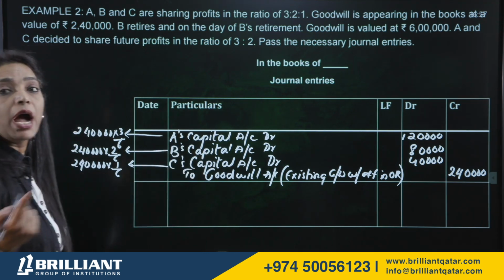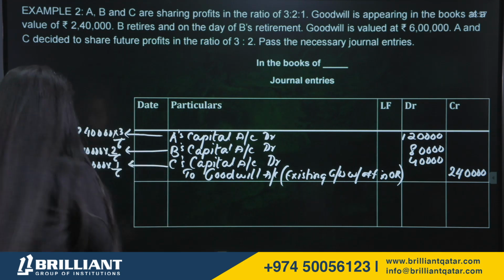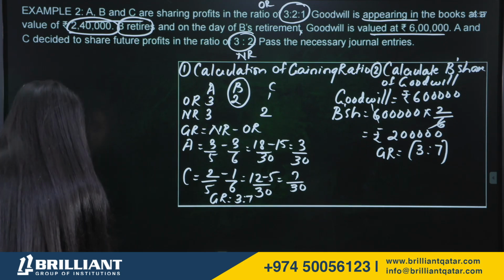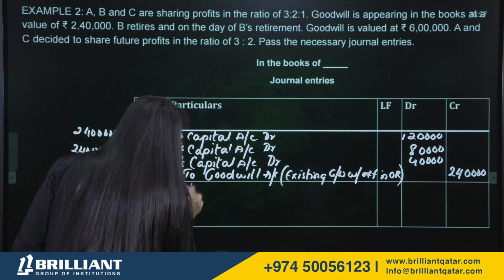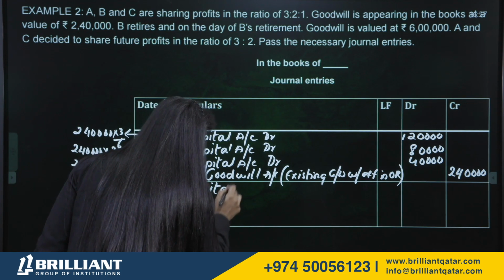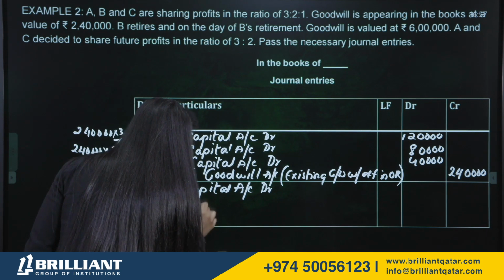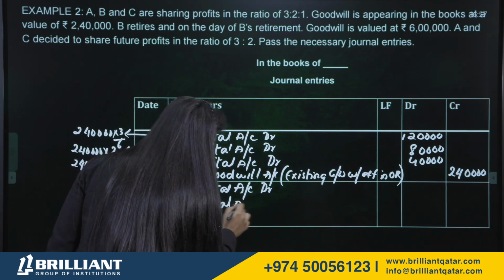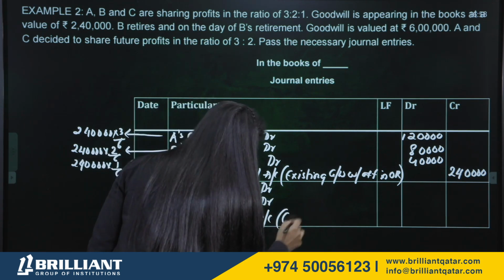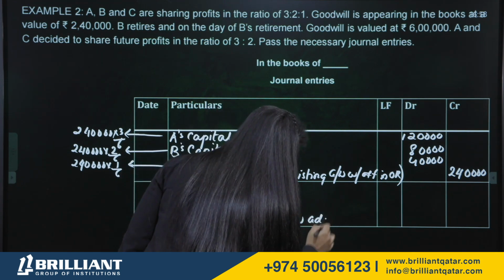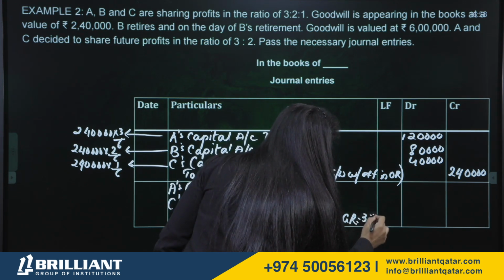The second journal entry which you have is to be adjusted. That is, goodwill valued is given in the question. So we already calculated the amount, which is 2 lakh, in the ratio of 3:7. So the entry will be A's capital account debit, C's capital account debit, to B's capital account, goodwill adjusted in gaining ratio, which is 3:7.